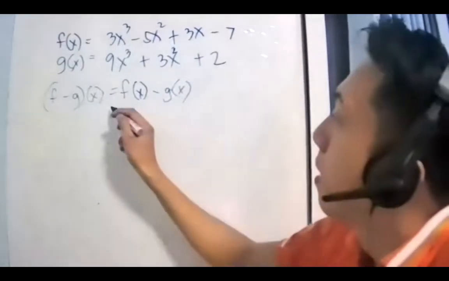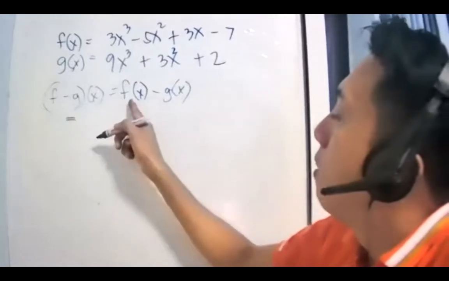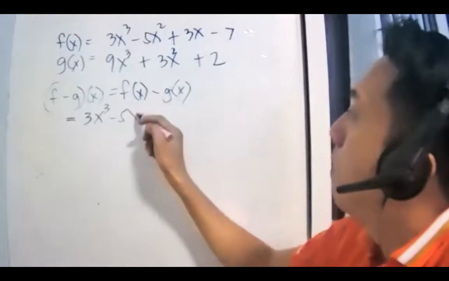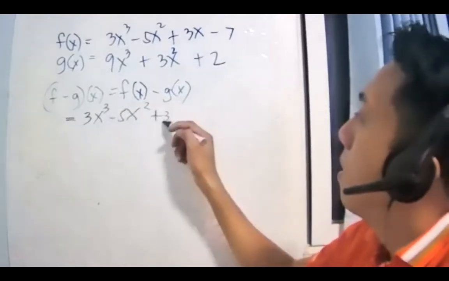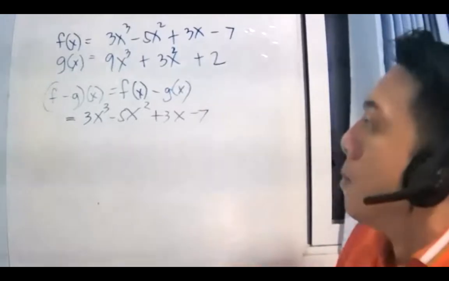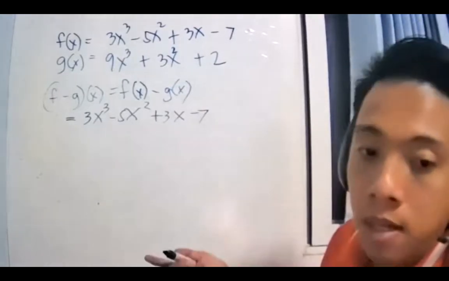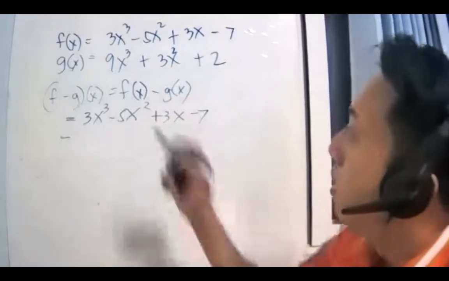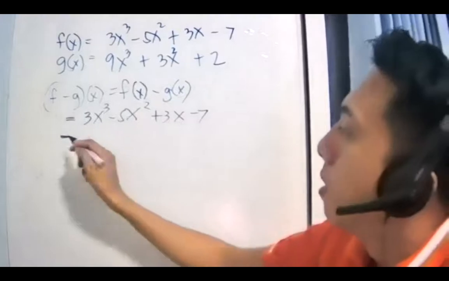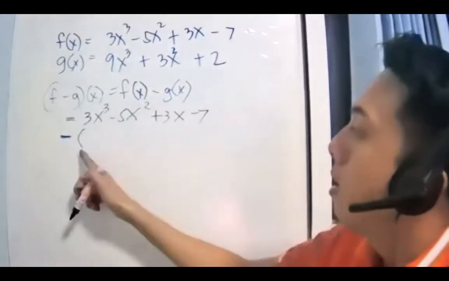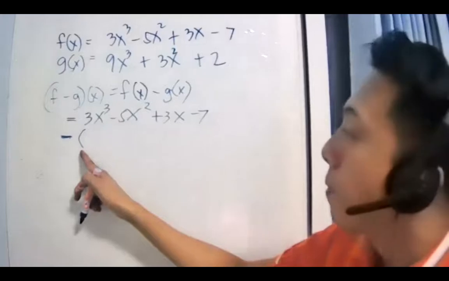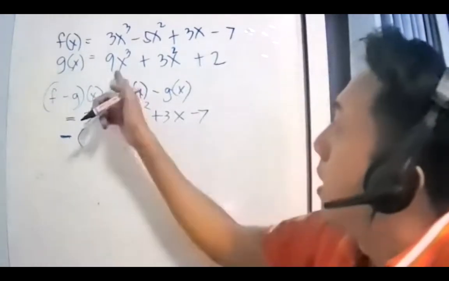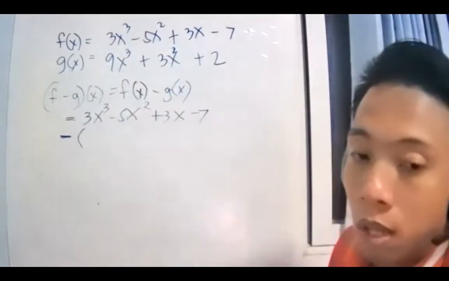Okay, now let us put it inside. The value of f of x is 3x cubed minus 5x squared plus 3x minus 7. Kung ayaw nyo siyang pahabain, gusto nyo maging shortcut na agad, pwede rin namang ibaba agad lahat dito yung pangalawa. But don't forget also to still write the open and close parenthesis. So we have 9x cubed. Saan ko itatapat sa 9x cubed?